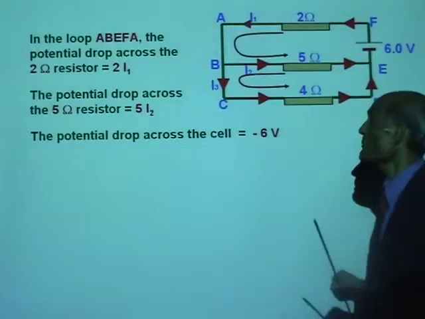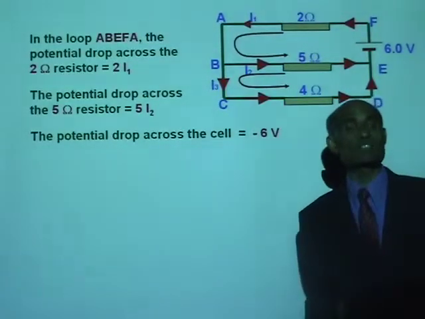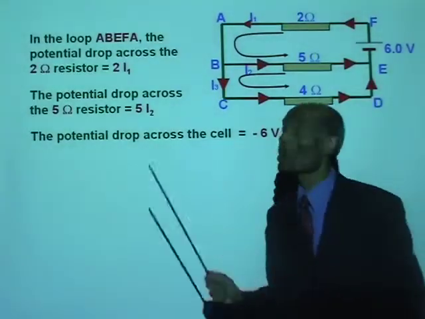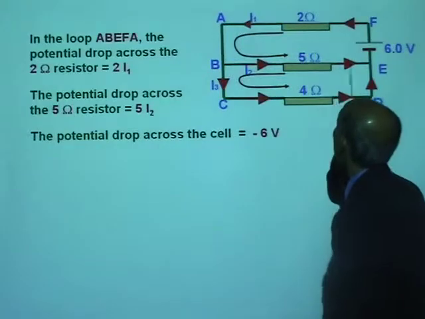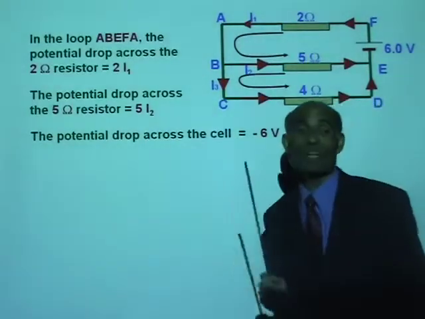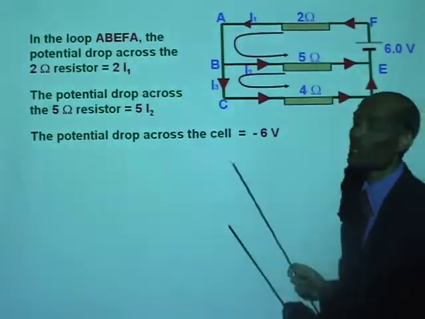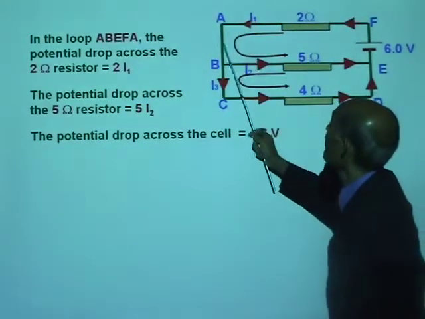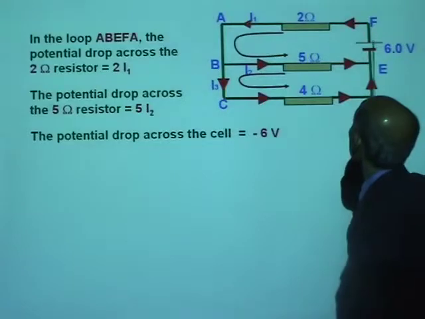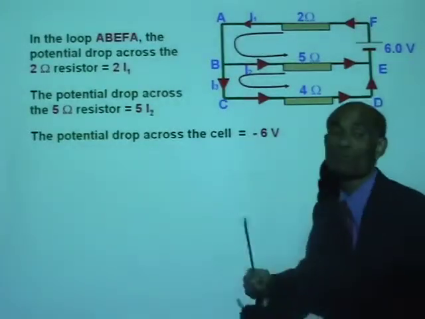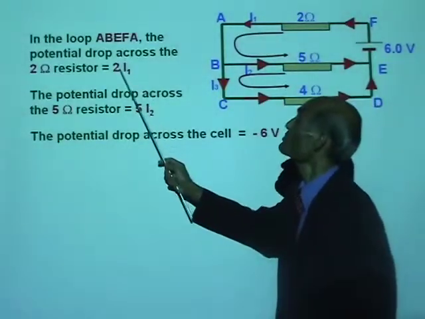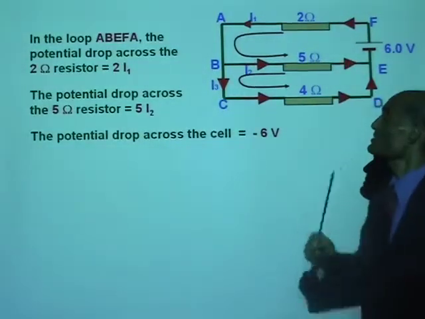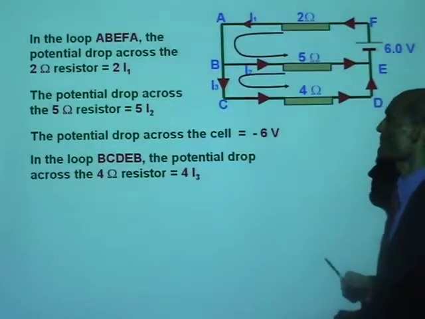So the potential drop across the cell now is negative 6 volt. Alright, apply the second law to this closed loop and write down an equation. What does the equation tell you? The algebraic sum of the potential drops in that closed loop will be 0, which means 2I1 plus 5I2 minus 6 equals 0.